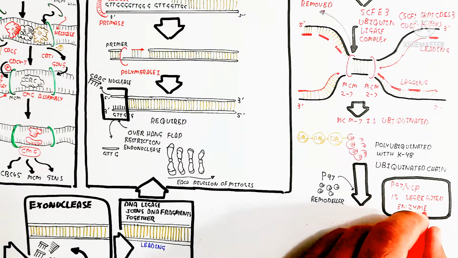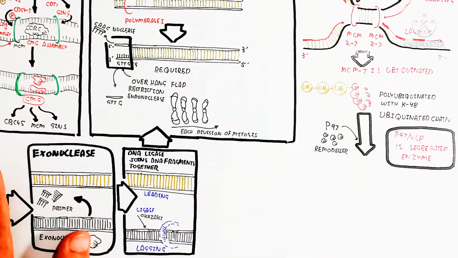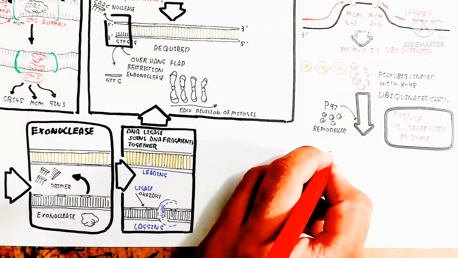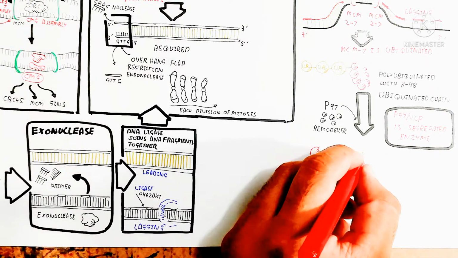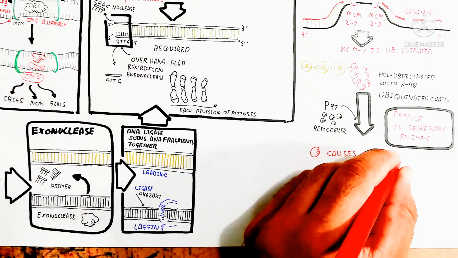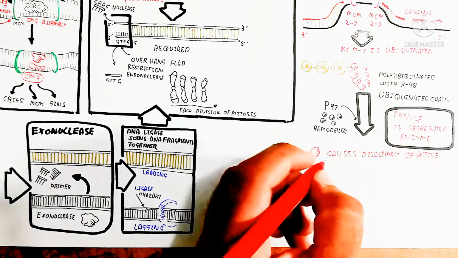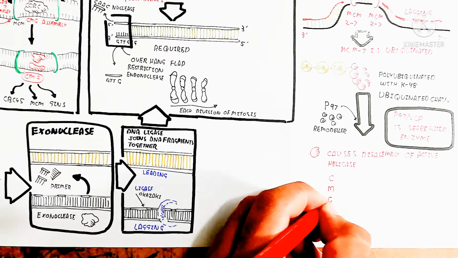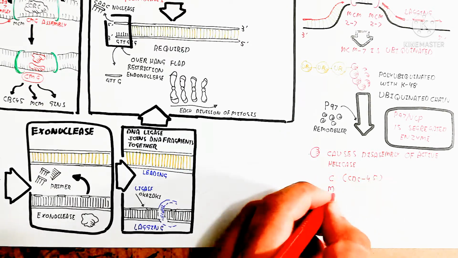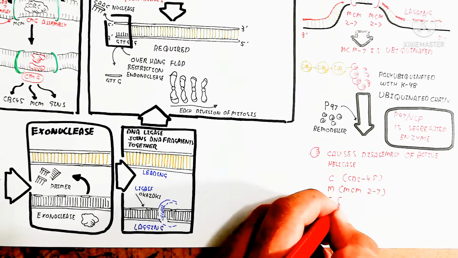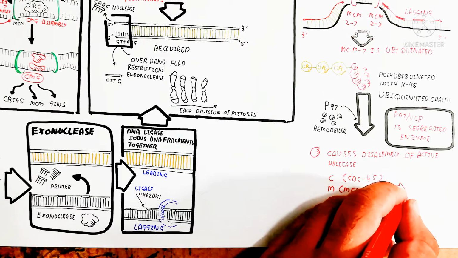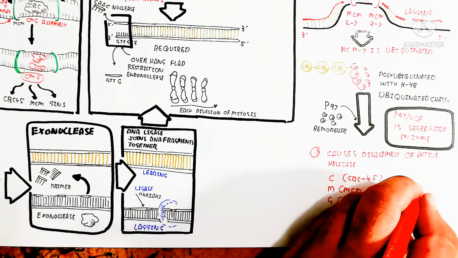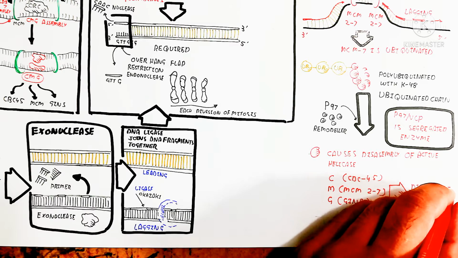So the CMG complex here is disassembled. The CMG complex contains C, which is CDC45, M, which is MCM2 to 7, and G, which is the GINS protein, which is used for initiation. So after initiation and elongation, the termination process will terminate this complex and it is disassembled.